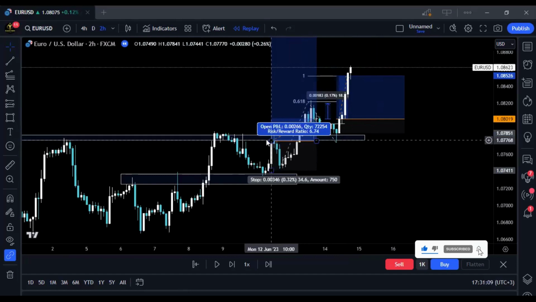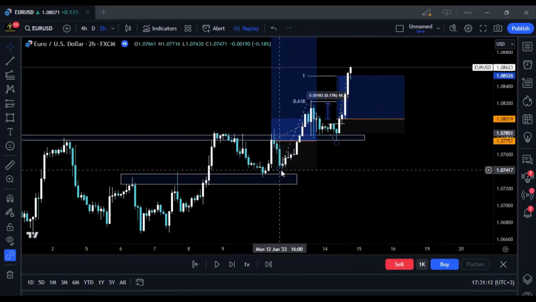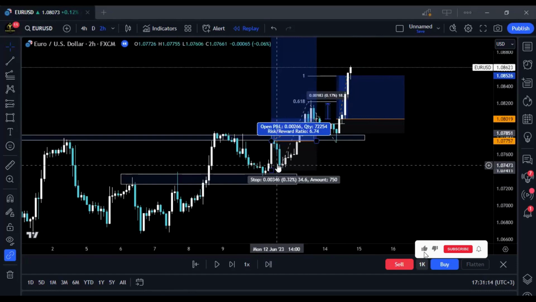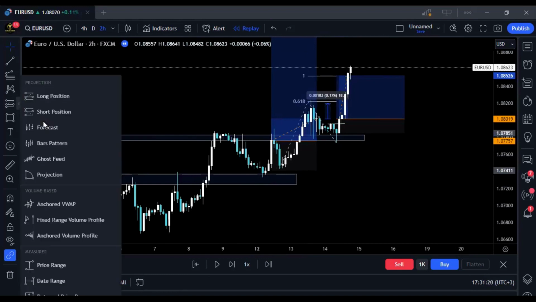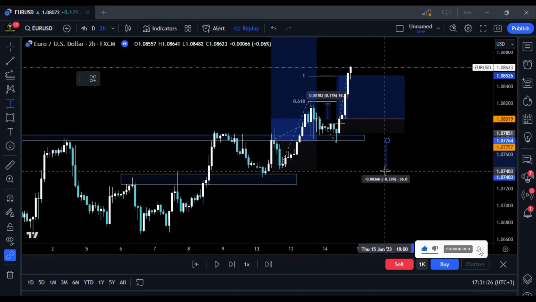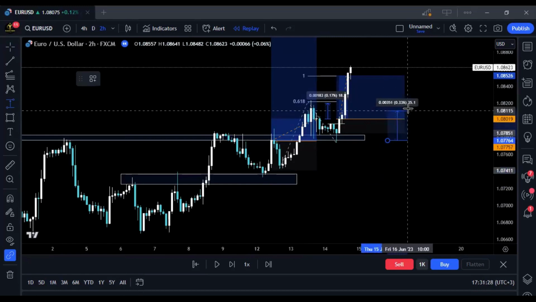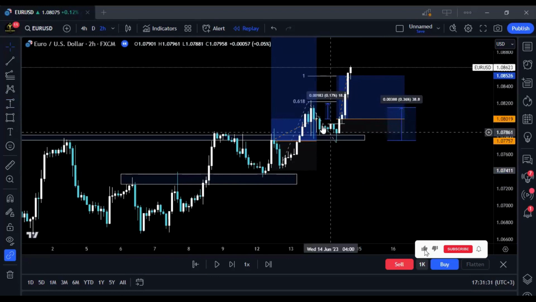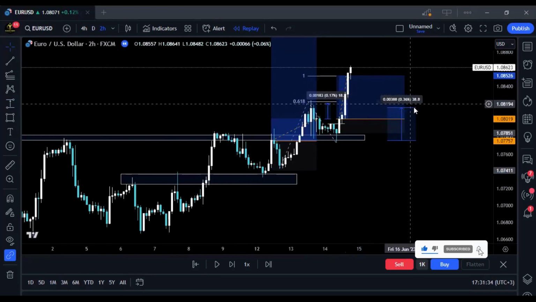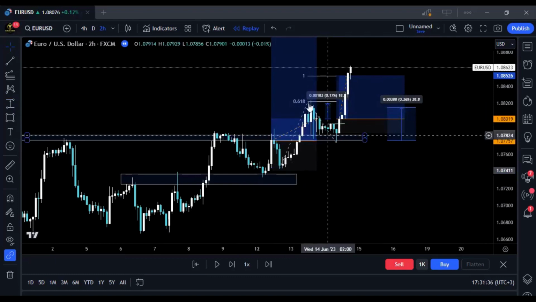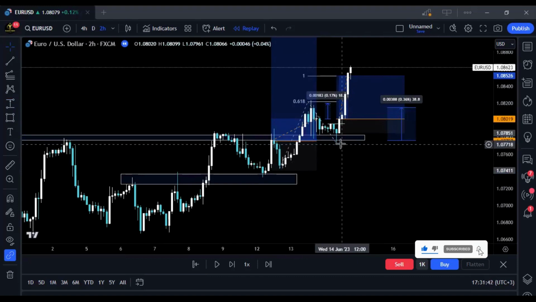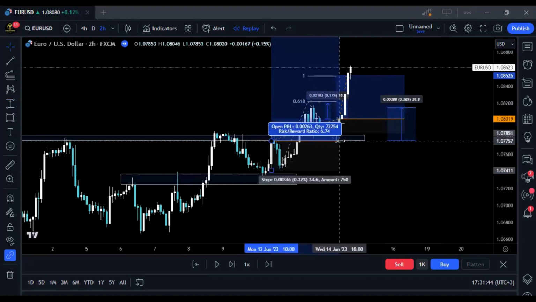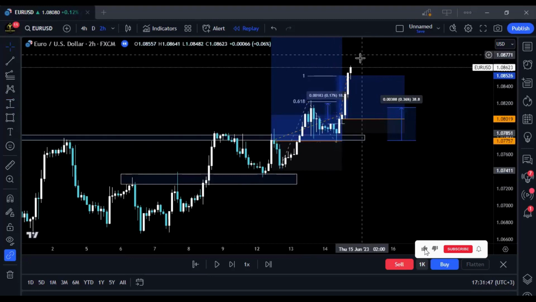Obviously, the prices started to almost stop us, but eventually it turned around, so we were break even, and then prices came back, and you can see here they actually just tapped our break even and then took off.